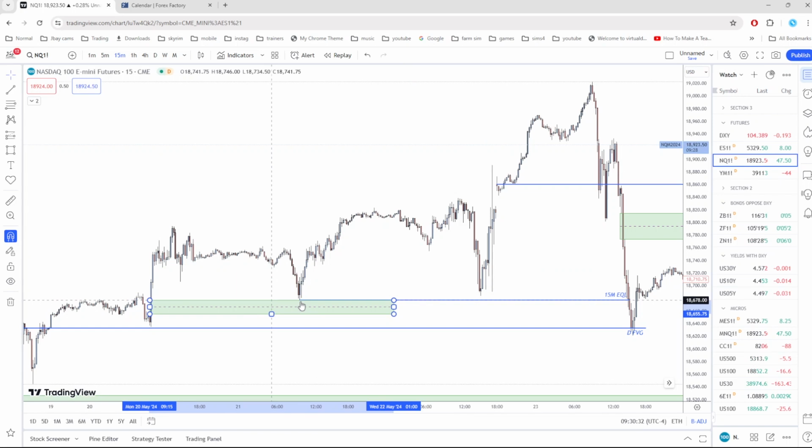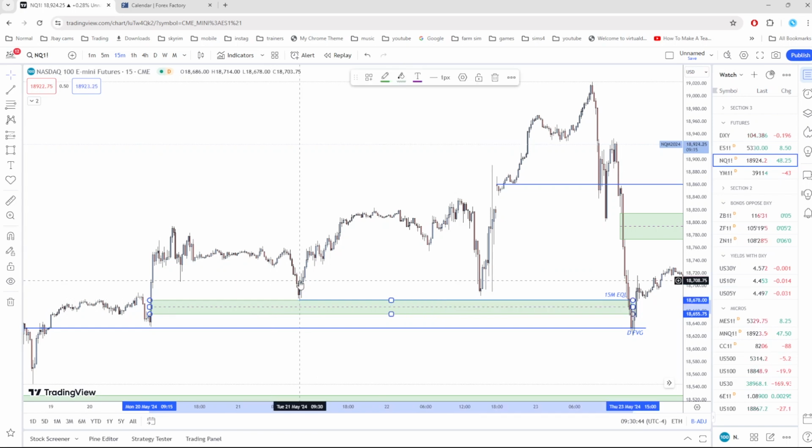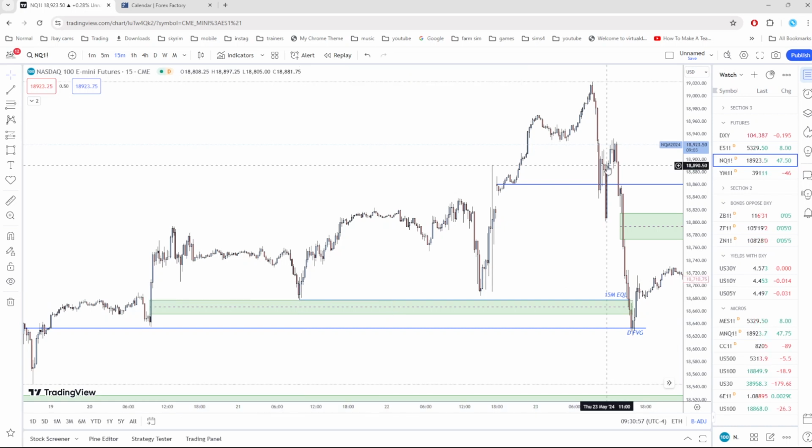That gap would only be that remaining portion of it would be open. Since we already traded into this little bit of that gap, that's the remaining part. I'm just going to leave it as is. It's below that 15-minute equal low, so we know that it is this little gap.